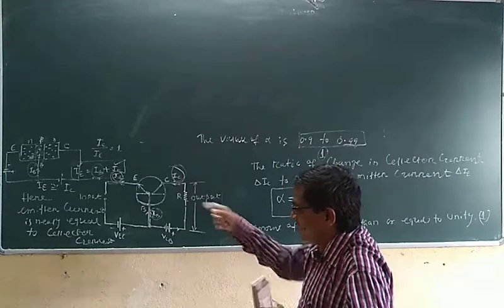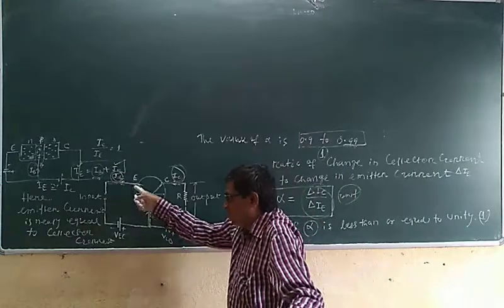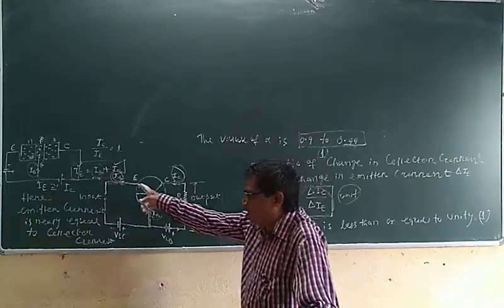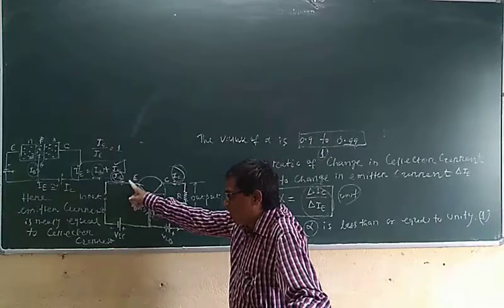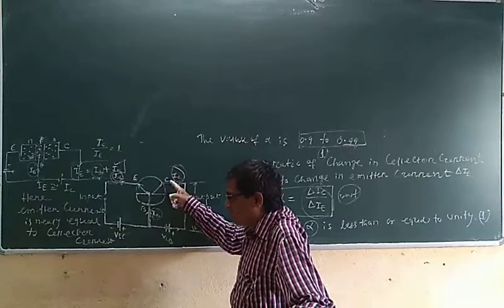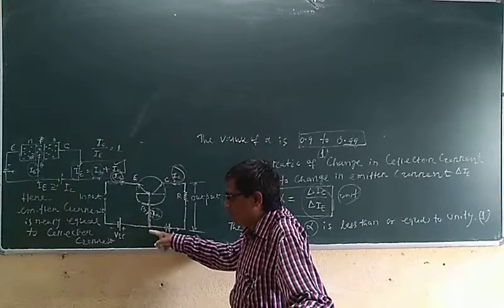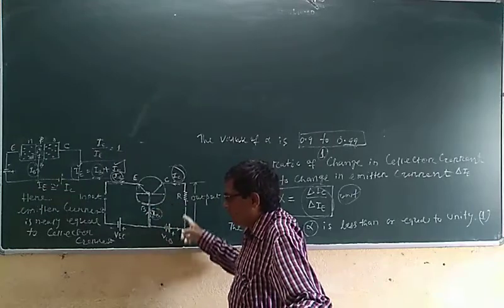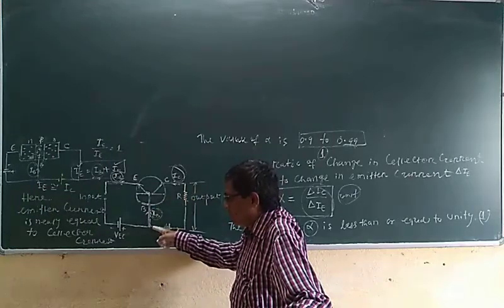Now we see that the whole amount of emitter current IE does not reach the collector current, because some charge particles are neutralized in this section. The collector base junction is reverse biased, because here the N material is connected to positive. N connected to positive means reverse bias.